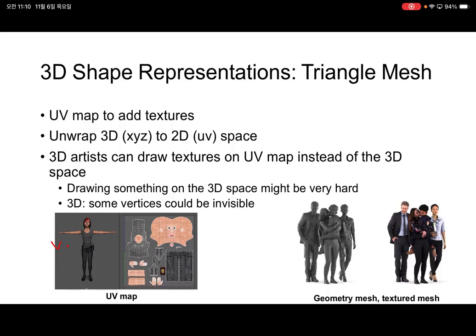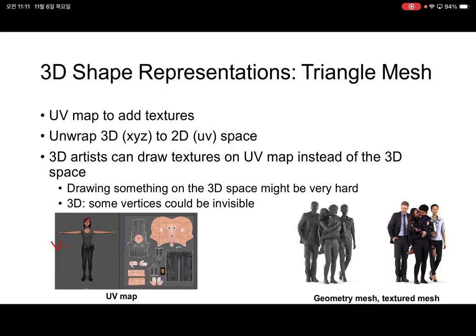But how can we draw? Maybe we can draw something in 3D space, but that is actually not very good. In practice, we humans are not familiar with drawing in 3D space, right? How can we draw something in 3D space? It's not very easy. We are familiar with drawing on a 2D plane.